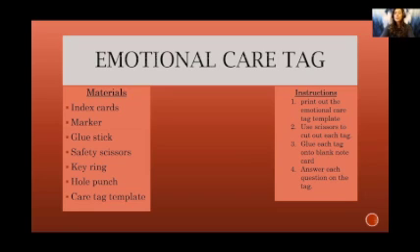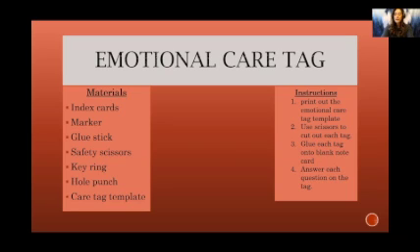So for example, when I cry, I am feeling sad. Once you have that behavior and that emotion on your care tag, I'd like you and your parent or guardian to talk about what causes you to feel that way, or what are some reasons that might make you feel that negative emotion.